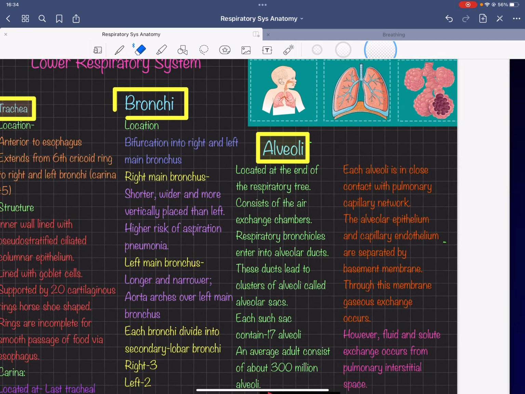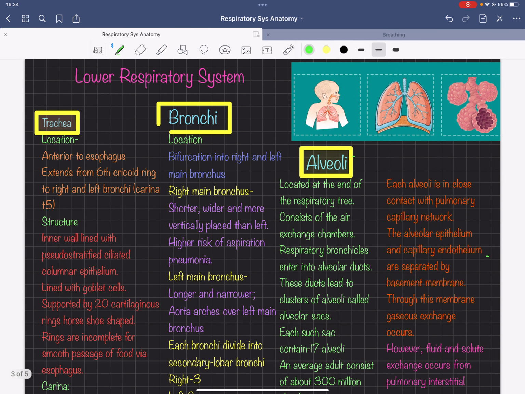Now next, we can see that we have the bronchi. So this is the airway tract. Then it bifurcates. What bifurcates? The airway tract, especially the trachea area of the lower respiratory system, bifurcates. And when it bifurcates into the two areas, the right and the left lung, it is now known as the bronchi.